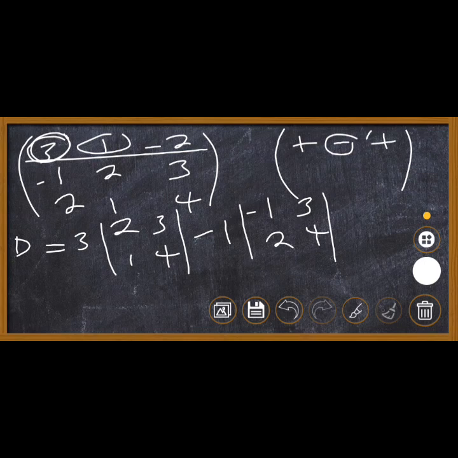Followed by positive. So positive what? 2 here. Now here it has to be positive 2, but remember this 2 here has a negative. Since it has a negative, we are going to multiply this negative with the positive here, which of course is going to give negative. Hopefully you will not be disturbed when I write negative here, because this negative is coming from the multiplication of the 2 negative signs.